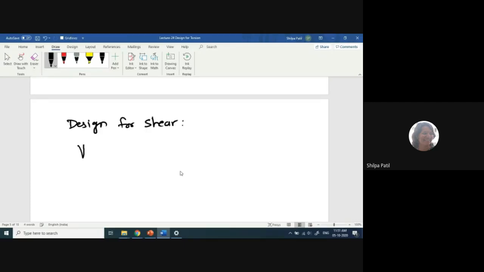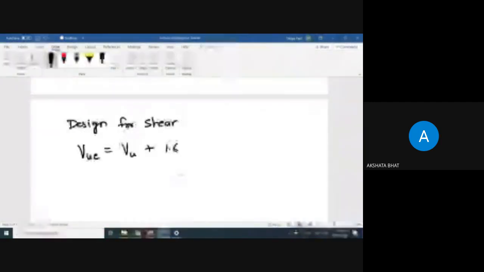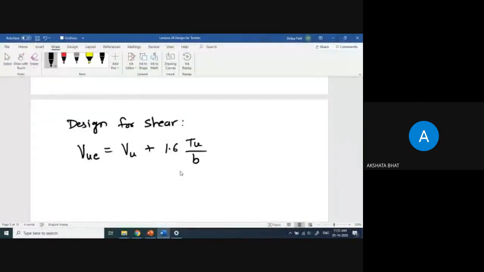So the equivalent shear force VUE we have to calculate first. What is the formula? VU plus 1.6 TU by B. So what is the VU value? It is 70, right? I have to again convert it into Newton, so 70 into 10 raised to 3, plus 1.6 times TU.